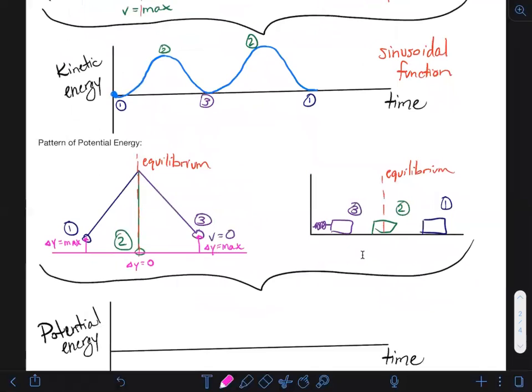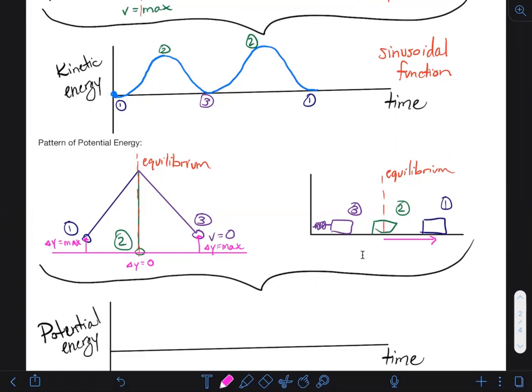And we actually do see that same pattern when it comes to a horizontal mass spring system, okay? So for this system, we are moving to the right, perhaps some kind of positive displacement, or we are moving to the left, some kind of negative displacement, away from our equilibrium position.